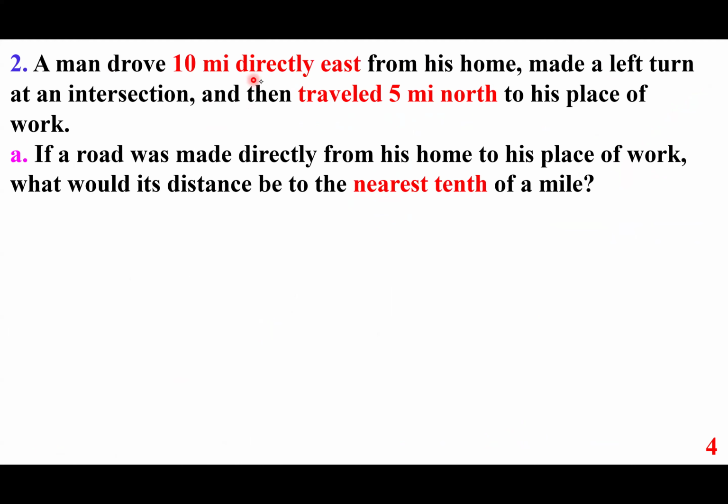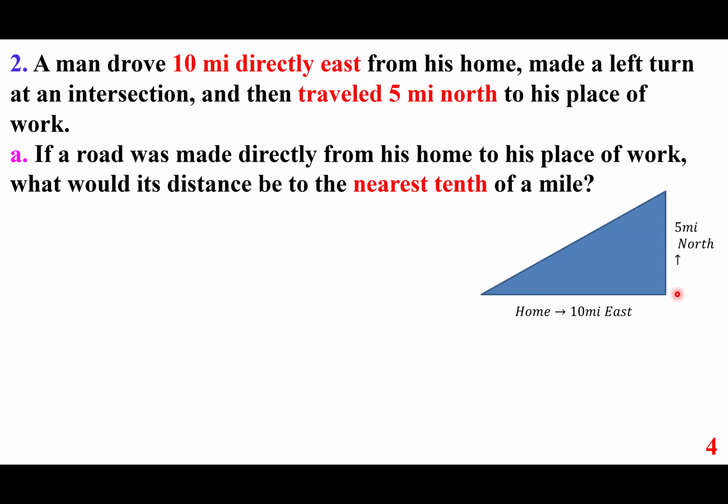So first and foremost, from home, we go 10 miles east, that means to the right, then 5 miles north, up. It creates this shape with this side being 10 miles and this side being 5 miles. So what is this side?